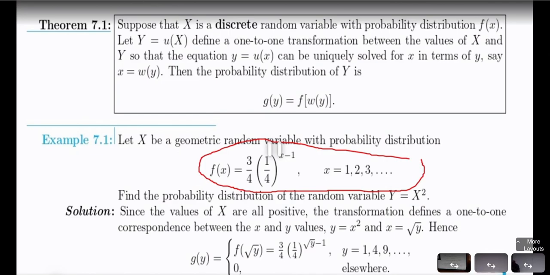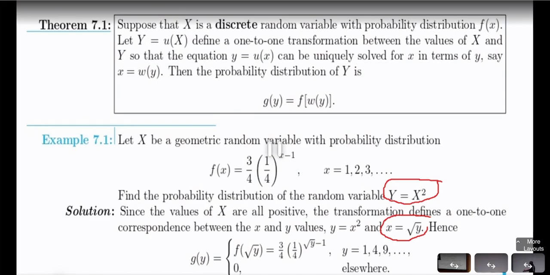Now, by method of transformation, all we just need to do, whenever you are dealing with a discrete distribution, you're given this guy here, you need to find the inverse of that, which is going to give me that, right? We solve it for X. I'm actually going to have the square root of Y. Now, if I have the square root of Y, then what I'm just going to do, I'm going to come back into the distribution.